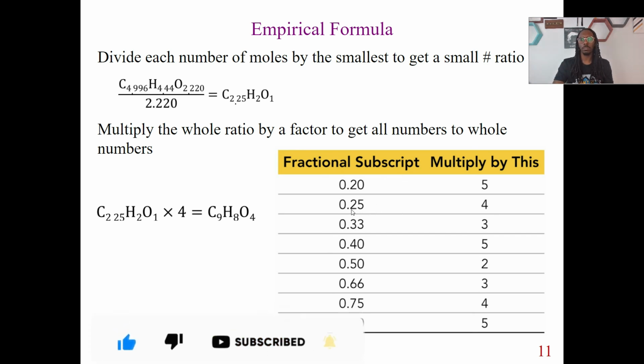So if you had 2.25, you multiply by 4. Or if this was like 2.4, I would have to multiply it by 5, because we're trying to get to 100%. If it was 2.2, you would multiply by 5, etc.